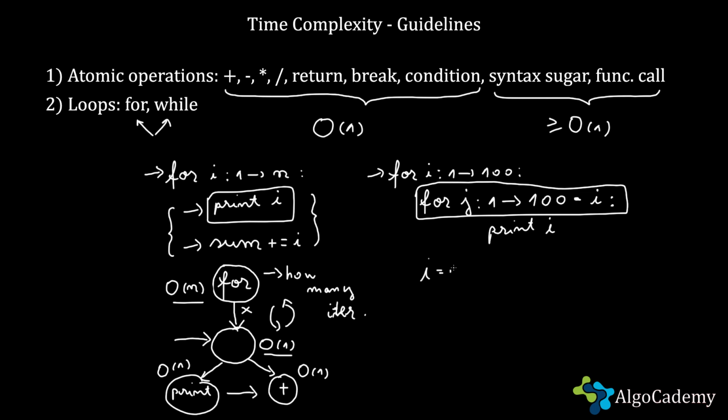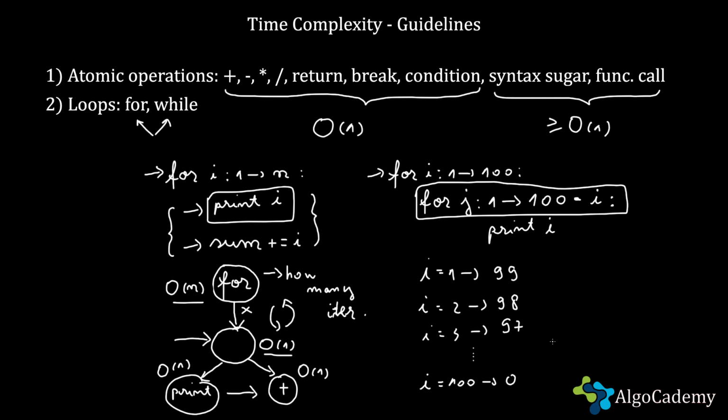For i equals 1, I go from 1 to 99. So I have 99 iterations in this for loop. For i equals 2, I go from 1 to 98. So I have 98 iterations in this for loop. For i equals 3, I'm going to have, of course, 97. And so on and so forth until i equals 100, and I'm going to have 0 iterations, right?